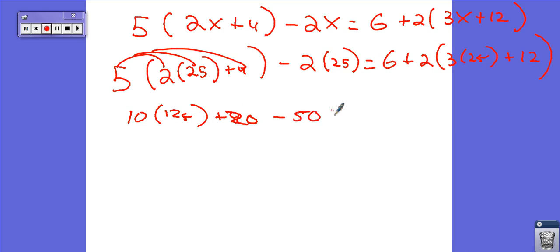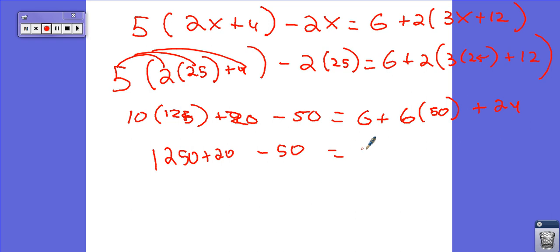No, sorry, plus 20, because I have to do times 4, minus 50 equals 6 plus 6 times 50 plus 24. All right? So that's 1,250 plus 20 minus 50 equals 6 plus 6 times 50 is 150 plus 24.